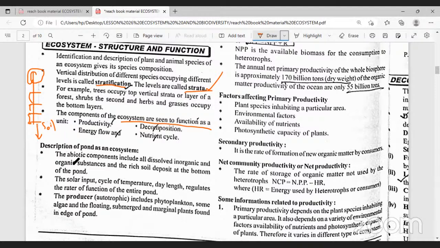Here, the abiotic component includes all dissolved organic and inorganic substances and the rich soil deposit at the bottom of the pond. So it was already discussed.